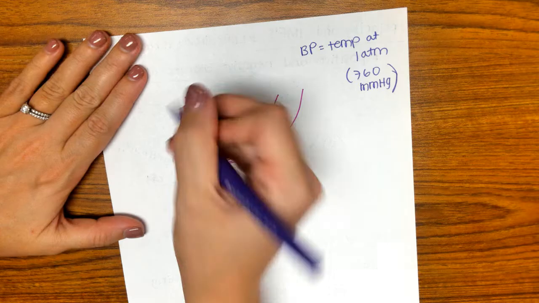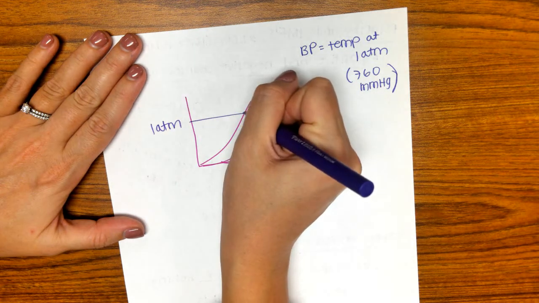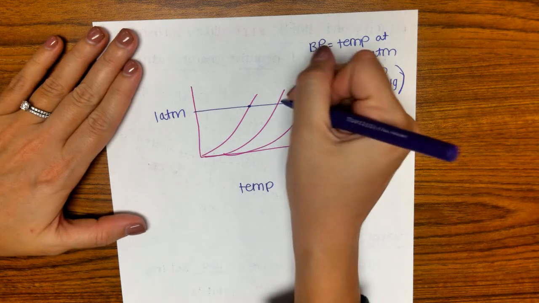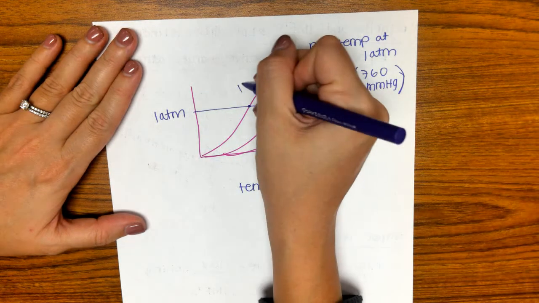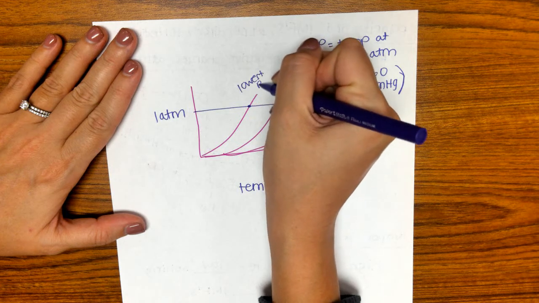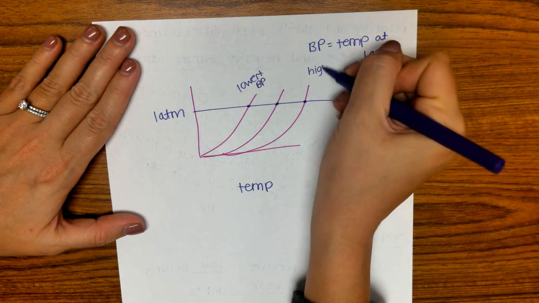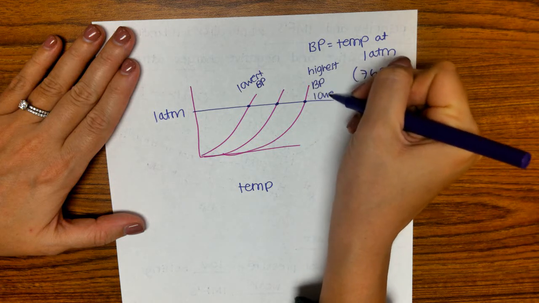And so on these graphs, let's say that's going to be 1 atm. This is temp down here. That will tell you the boiling points, which then you can figure out, okay, lowest BP would be here. So these have the weakest IMFs compared to highest boiling point over here, the strongest IMFs, and the lowest vapor pressure.